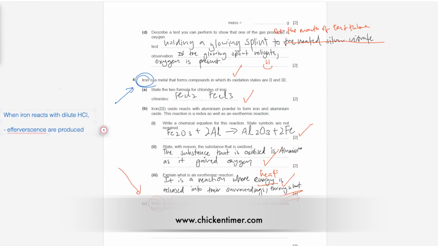So you have to explain why you have effervescence. Why you have effervescence is because hydrogen is produced. Then you say the release of the effervescence, or the bubble formation, is slow. You say the reaction is slow.